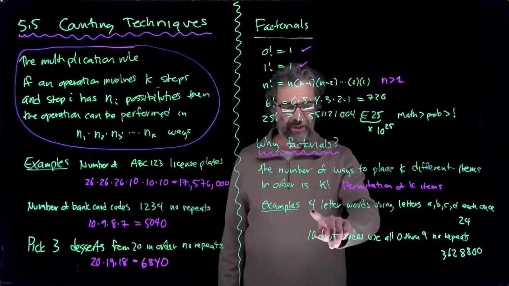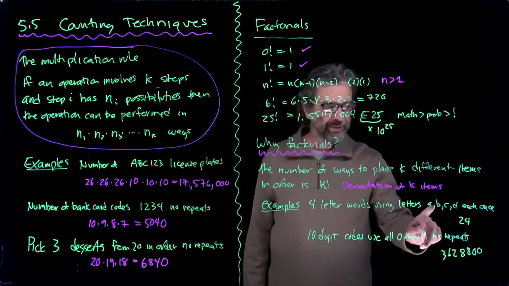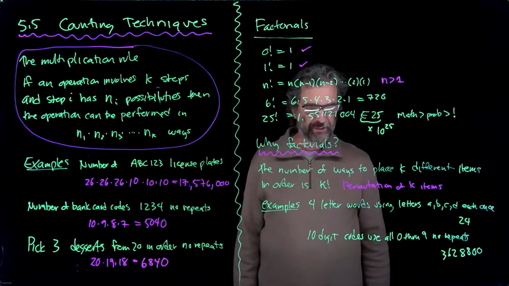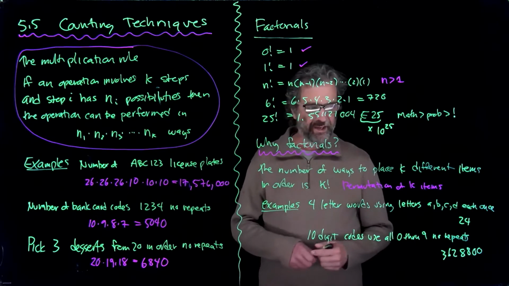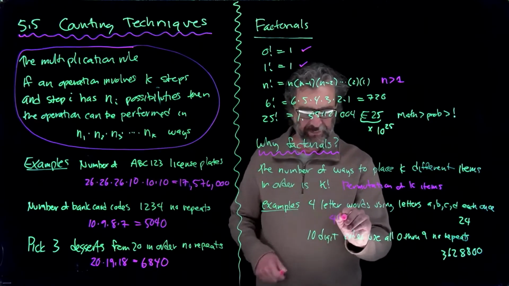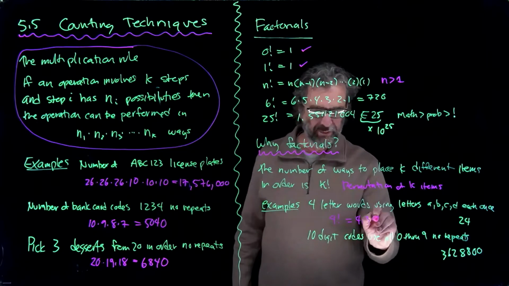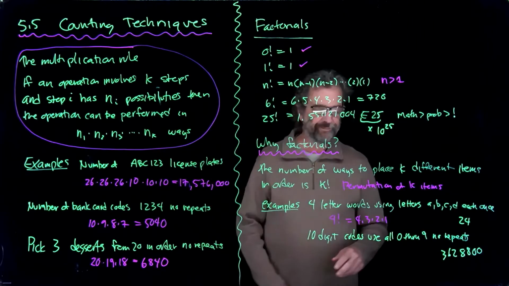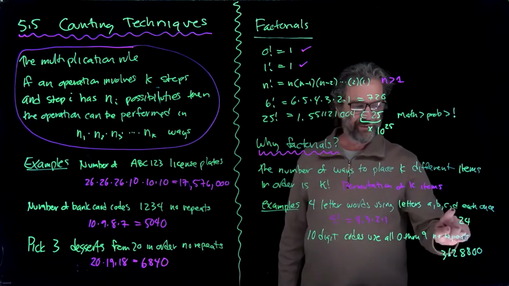So we can get different ways of thinking about permutations of items this way. Let's see how many 4-letter words you can make using A, B, C, D, each one only once, and in every order possible. So the answer should be 4 factorial, which is 4 times 3 times 2 times 1. You kind of see why that would be. I'm trying to make a word, I have to pick a first letter. There's 4 choices.